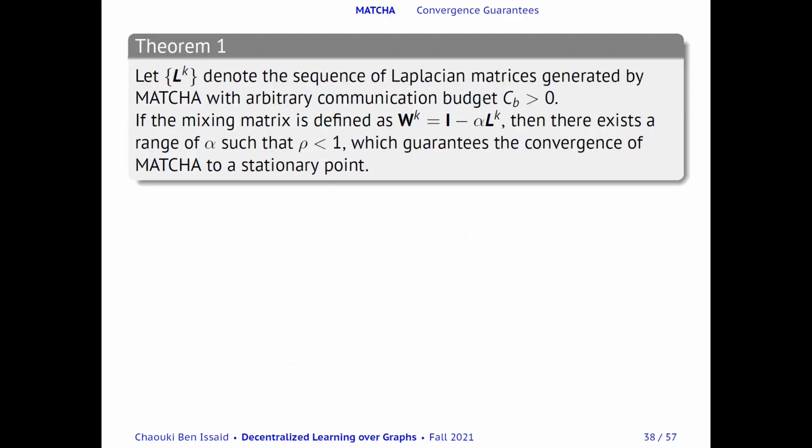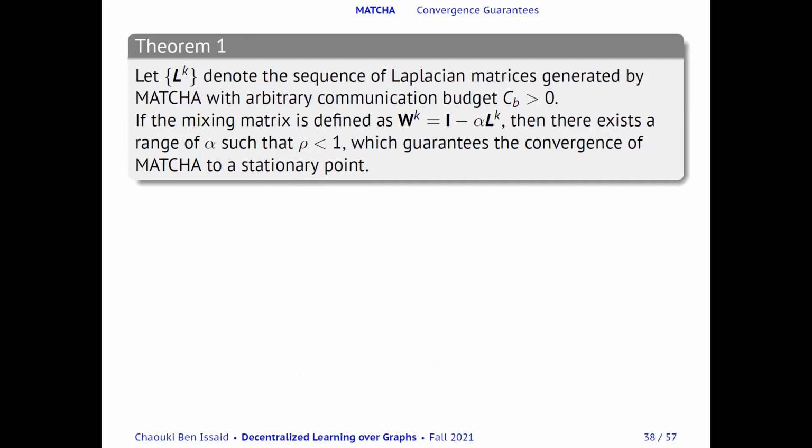The following theorem simply shows that for Matcha with arbitrary communication budget CB strictly positive, one can always find the value of alpha for which the resulting spectral norm rho is strictly less than 1, and this guarantees the convergence of Matcha to a stationary point.